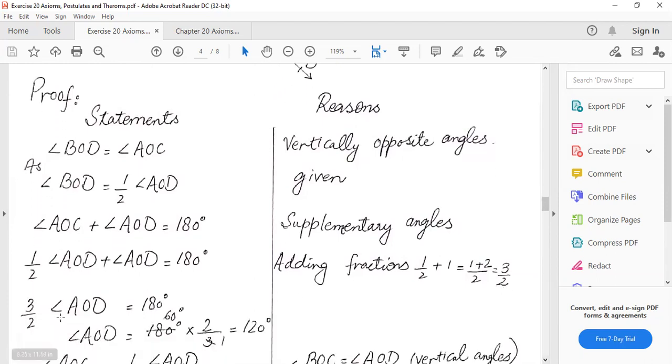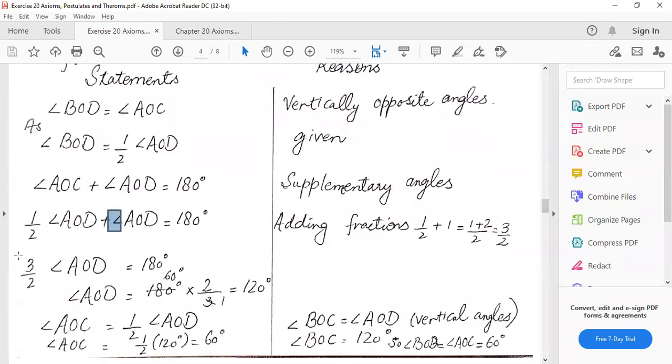Where am I getting 1 by 2 and 1? 1 by 2 from AOD, and 1 from this. If you take AOD common, what you have left is 1 by 2 plus 1. Now solve the fraction, you get 3 by 2.